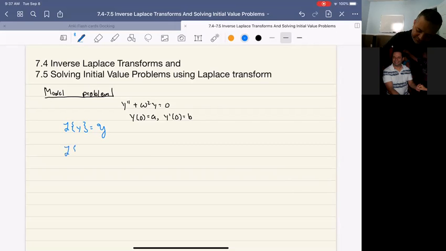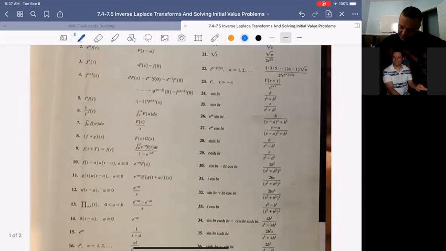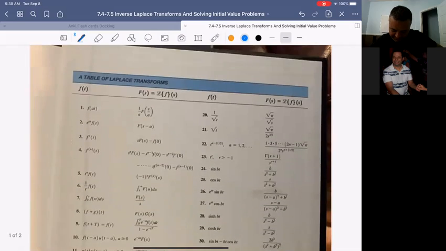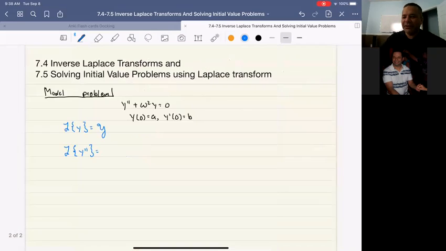Okay. L of y double prime, we may remember, let's take a look. I looked here. Nope, I don't have it here, but we did do it the other day. So this is going to be s squared Y minus s y of 0 minus y prime of 0.